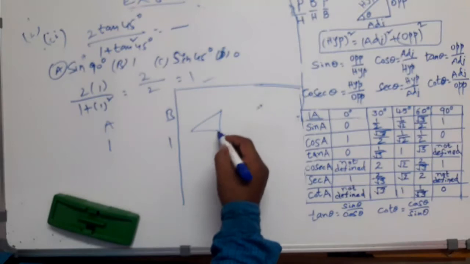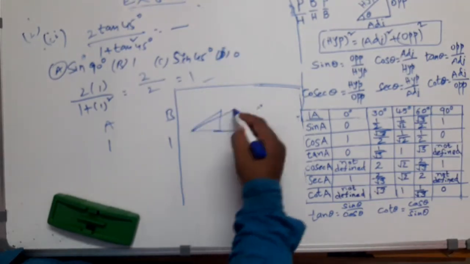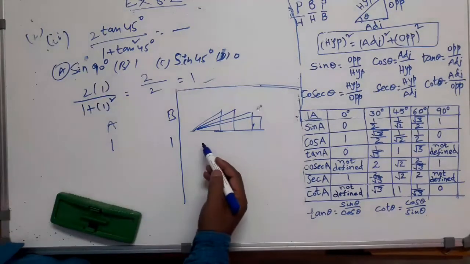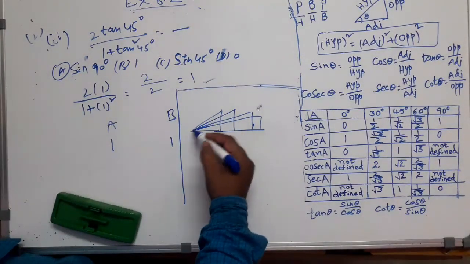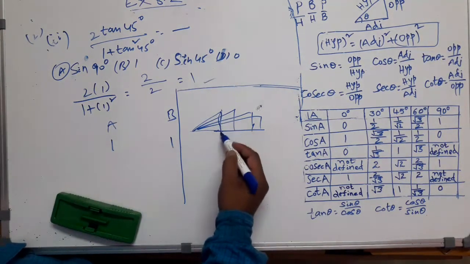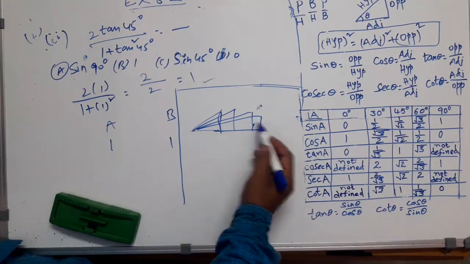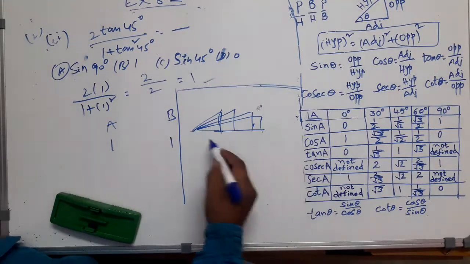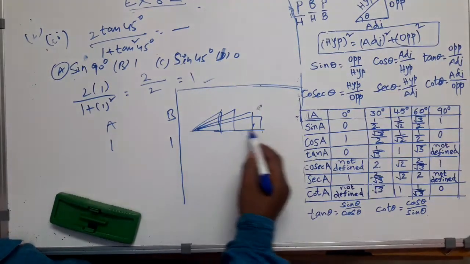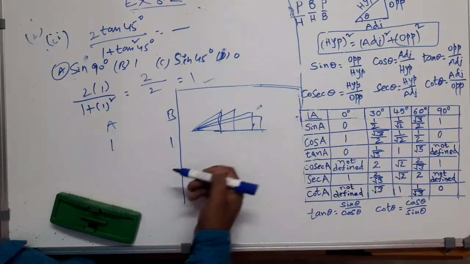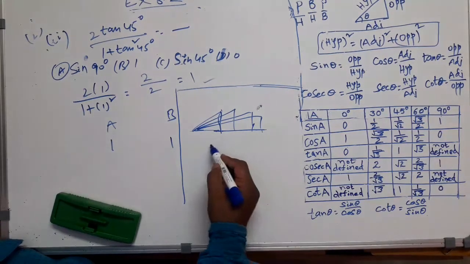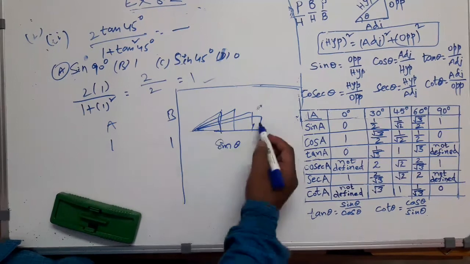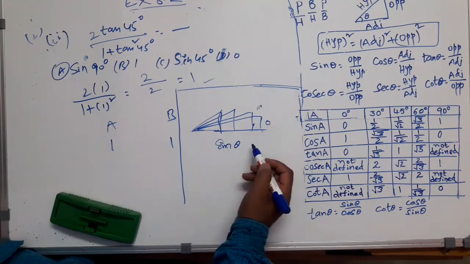Do you remember that? See this. As the hypotenuse or this opposite side, that is perpendicular, is decreasing gradually, at one point let us say perpendicular becomes 0, then the hypotenuse coincides with the adjacent side, that is base.